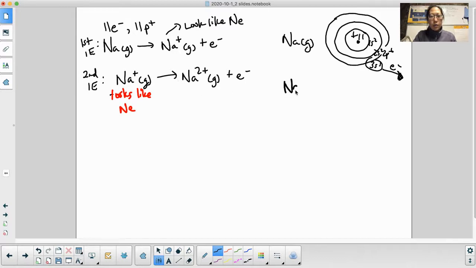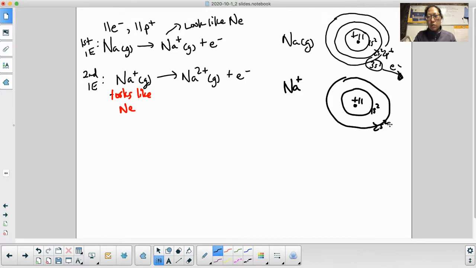Na plus looks like this. It has the plus 11 nucleus still, but it has our 1s2, then our 2s2, 2p6 completely closed, and you attempt to take off an electron from this full outer shell. Guess what?